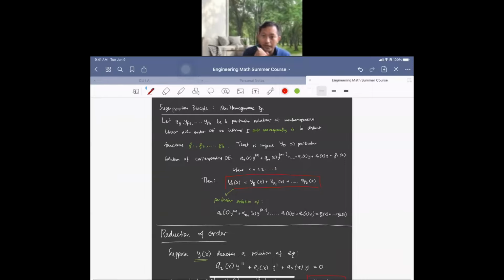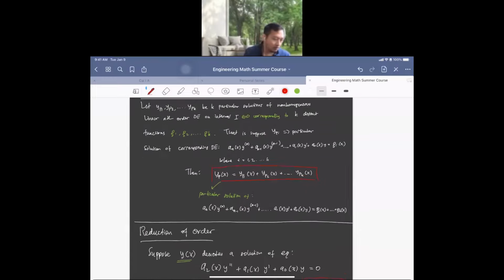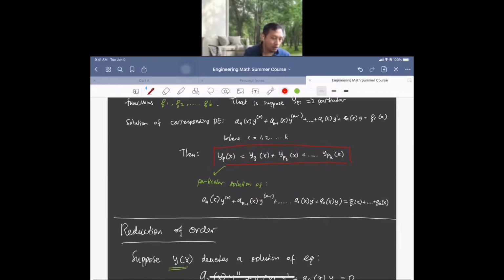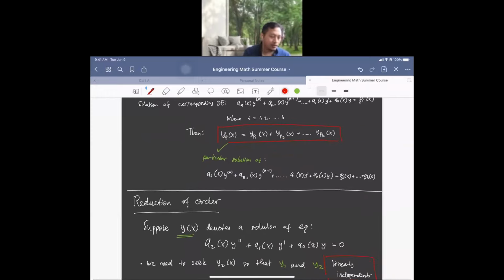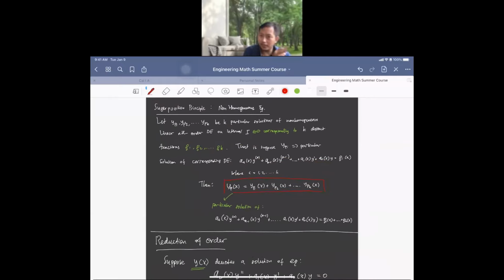Then we can write our yp in terms of several parts, yp1, yp2, and so on. That part is just an introduction to our higher order topic and the method.